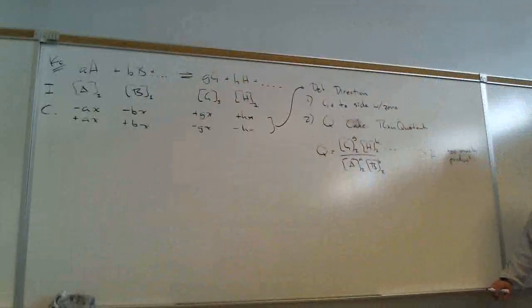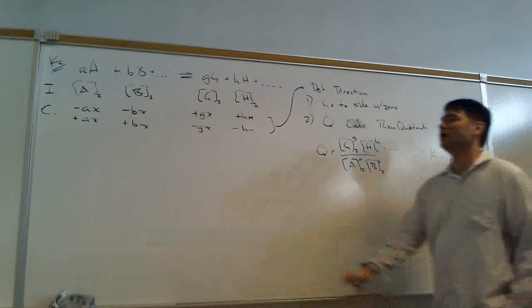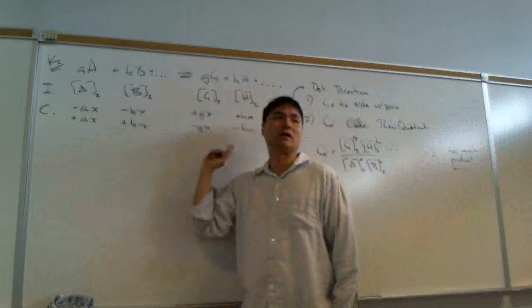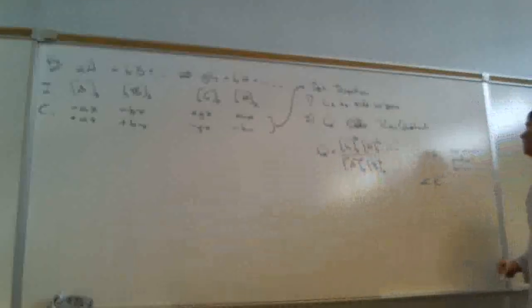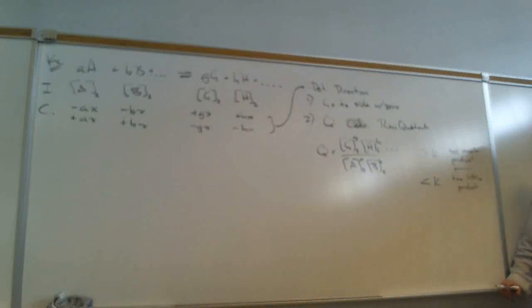Which direction should it go? Reverse. And so it would be plus AX, plus BX, minus GX, minus HX. If Q is less than K, we have too little product, or in other words, too much reactant. And so it's got to go forward.